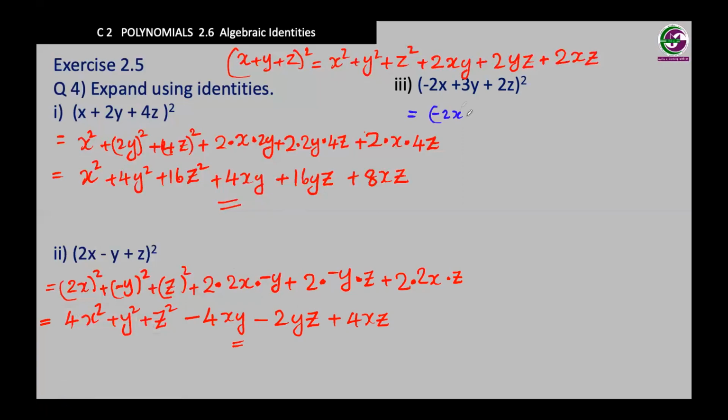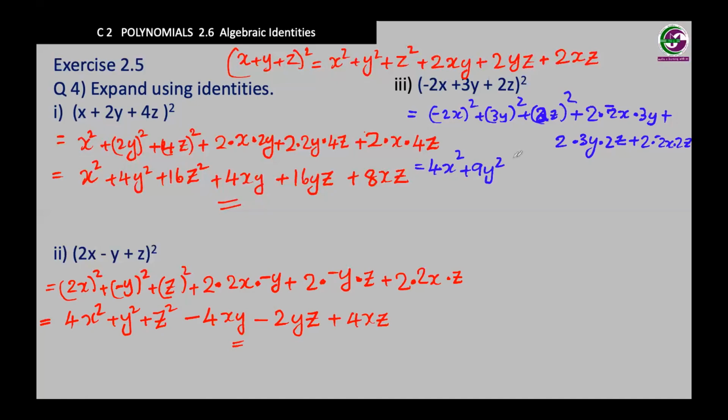So negative 2x power 2 plus second term square plus third term square plus 2 times first term, remember to take minus with you, times the second term plus 2 times second term times third term plus 2 times first term times the last term, which is equal to, negative will get cancelled, so 4x squared plus 9y squared plus 4z squared, plus and minus will be minus, 2 times 2 times 3 will be 12xy.